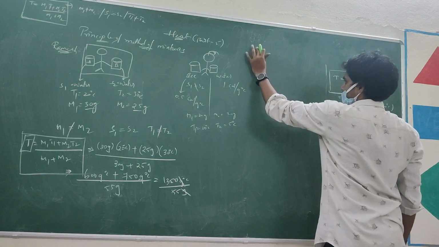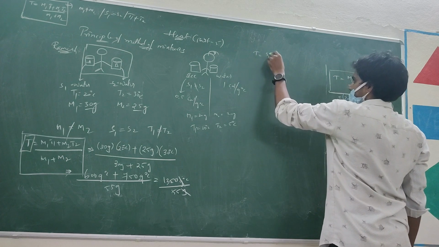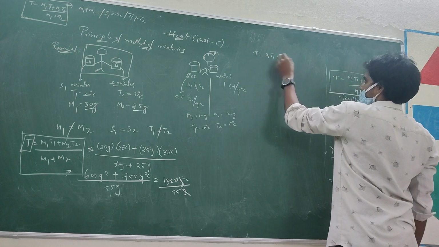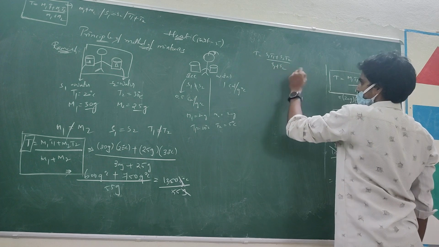We have a formula, T is equal to S1 T1 plus S2 T2 by S1 plus S2. Let's substitute.